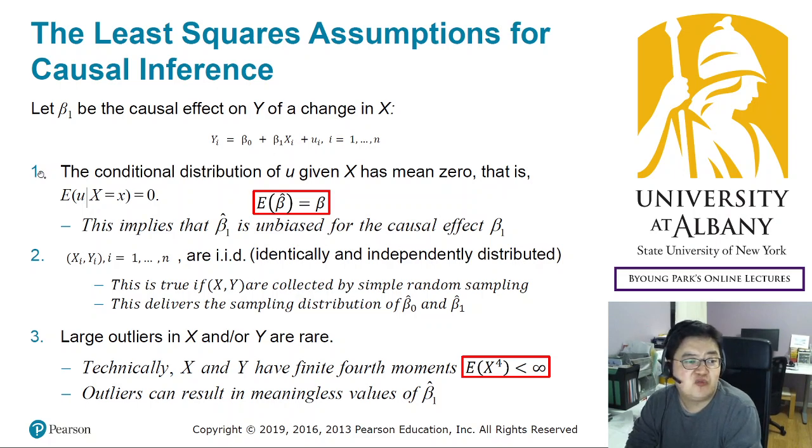And then we need three assumptions. One, the conditional distribution of u given x has mean 0, which can be written this way: the conditional mean of u given x is 0. Second, the IID assumption. And third, no outliers, or rare outliers.